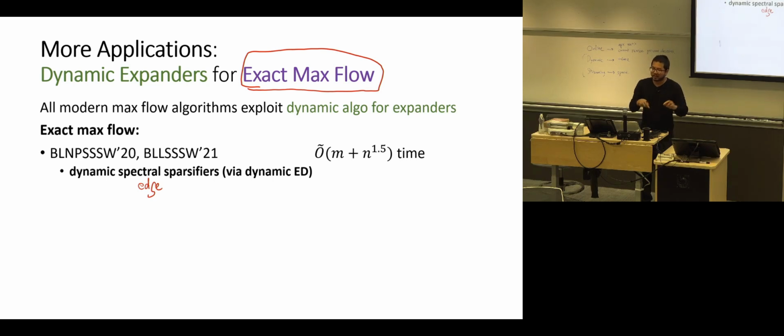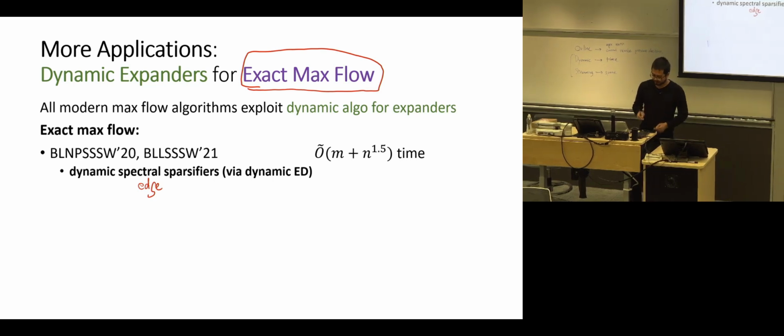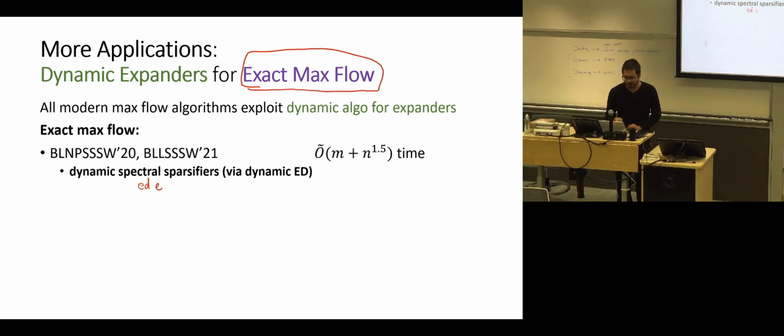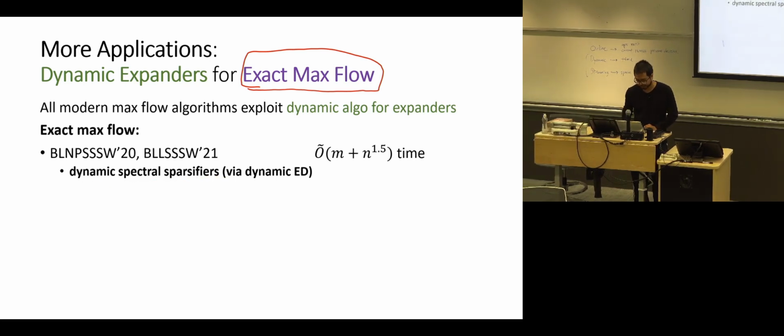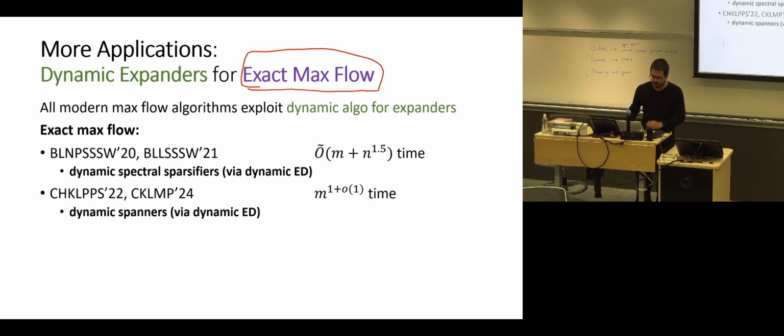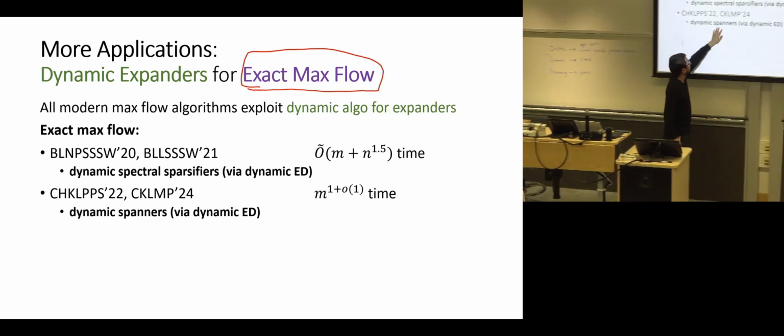That same algorithm doesn't just preserve cuts, but actually preserves spectral guarantees. And it works in the dynamic version. So it's useful for this one. And then there is this really big breakthrough of almost linear time max flow, and it used this dynamic spanner.